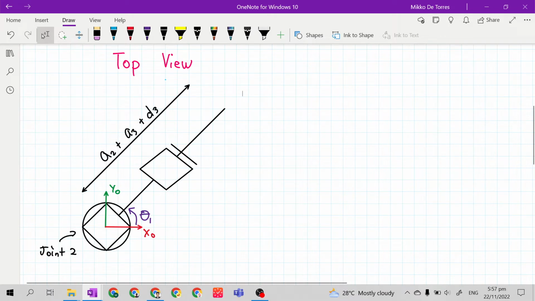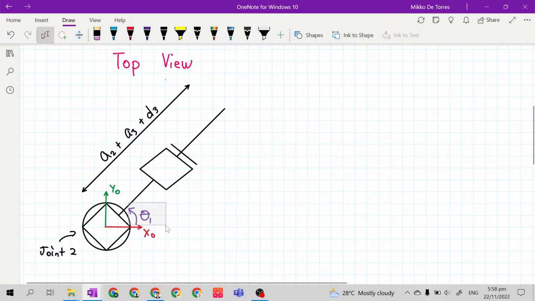So it also means that our theta 1 looks like a 45 degrees rotated angle. But this is not exactly 45 degrees.